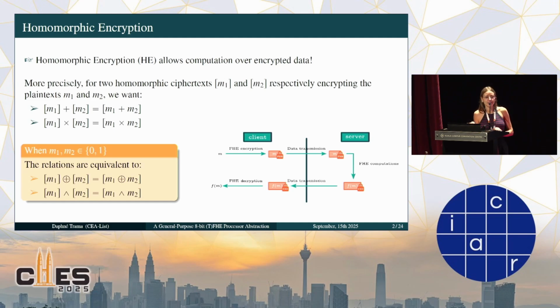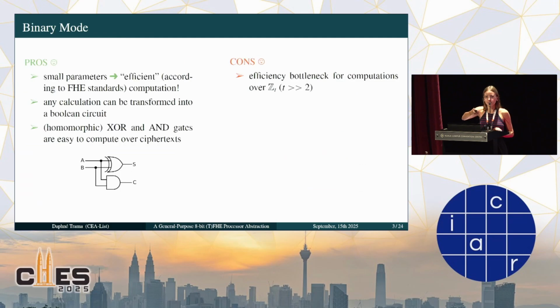For this work, my colleagues and I decided to work with a fully homomorphic encryption scheme called TFHE. The common use of TFHE is to decompose the messages into bits that we then encrypt and work on.